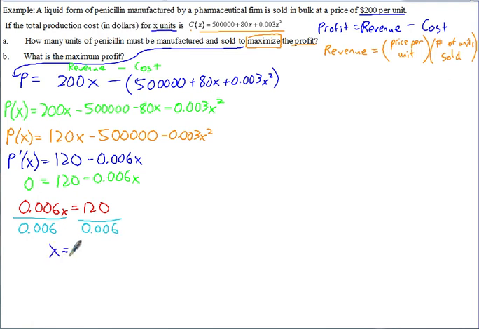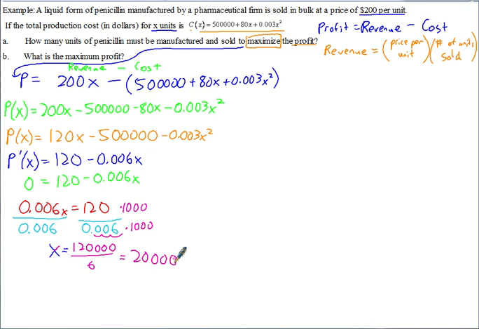And you get x equals, well, to make this simpler, to divide without needing to use a calculator, just think, well, to get rid of that decimal, you'd have to move the decimal 3 places, right? Which essentially means you have to multiply by 1,000. That means you multiply the numerator by 1,000 as well. So that would be the same as 120,000 over 6, which would just be 20,000.